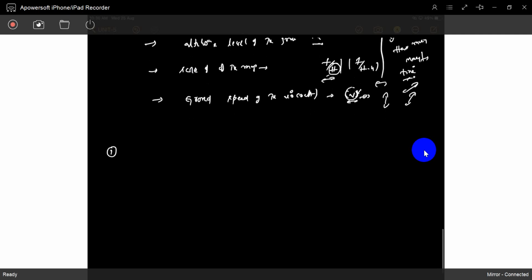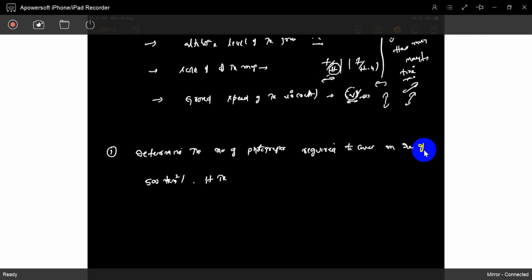So determine the number of photographs required to cover an area of 500 kilometers square, if the scale of the photograph is 1 by 10,000.